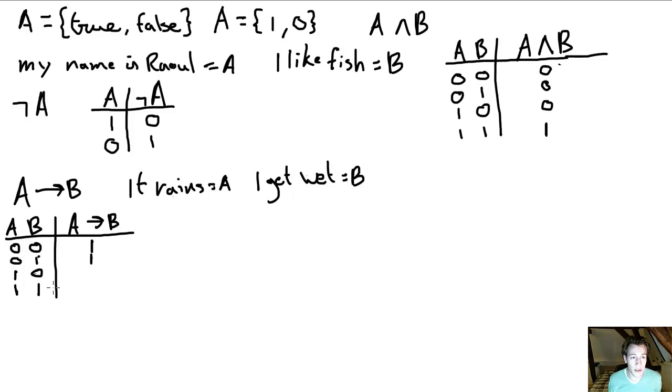It doesn't have to be true, but this is the statement I get when I use an if-then relationship. So that means that this has to be a 0. This statement is false. Okay, well, the last one. It rains, so I get wet. This is an easy one. This is a 1.